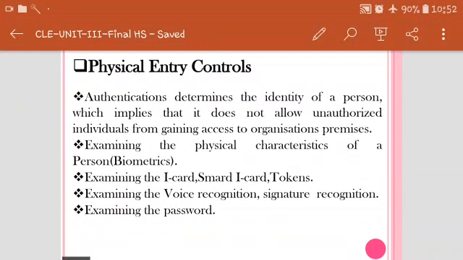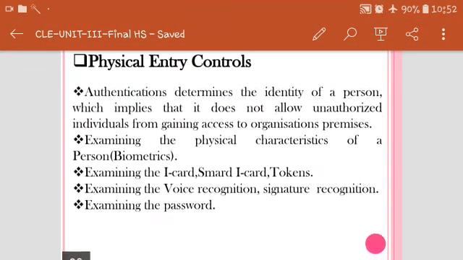Now, examining the physical characteristics of a person, that is a biometric scan. Suppose this person is an employee of an organization, so take the biometrics of that person and then allow them into the organization premises.